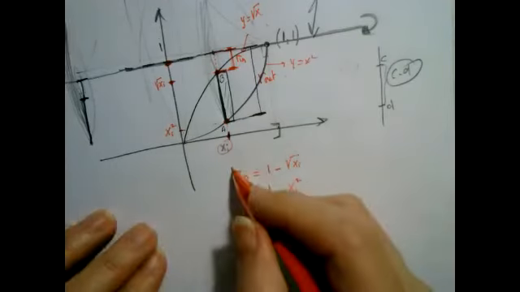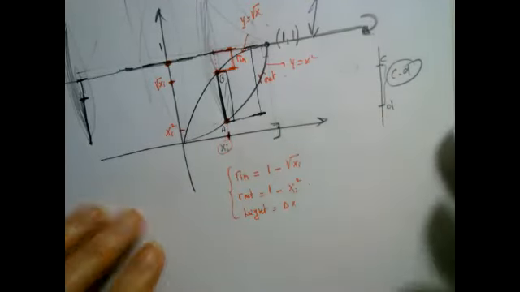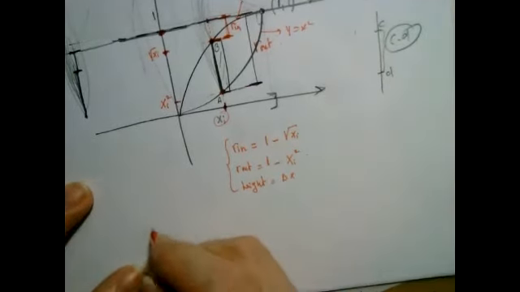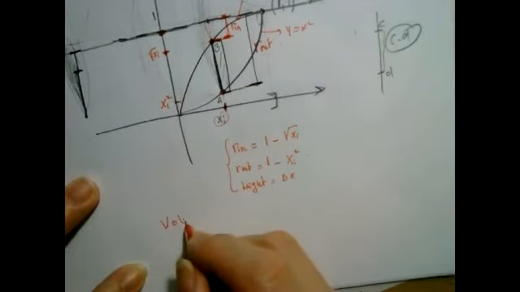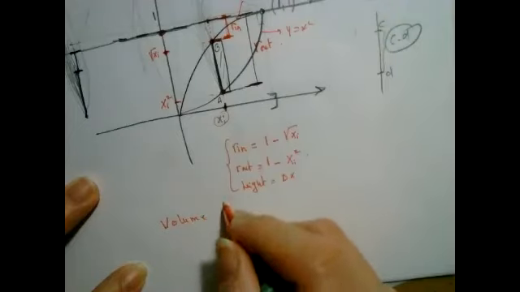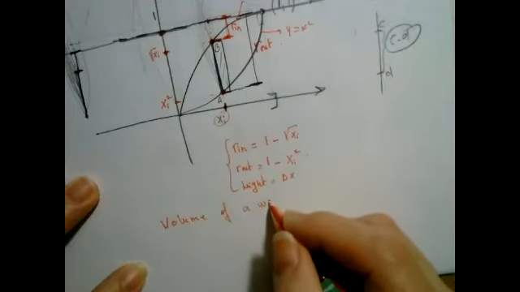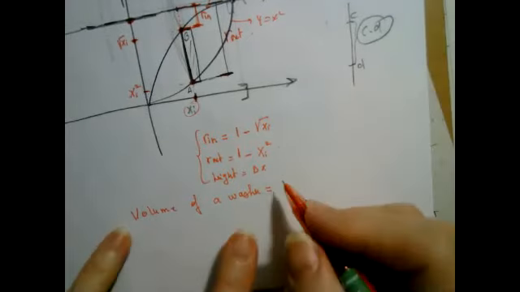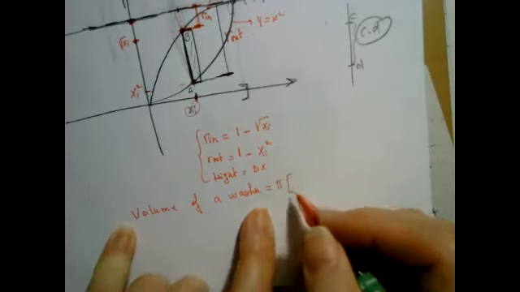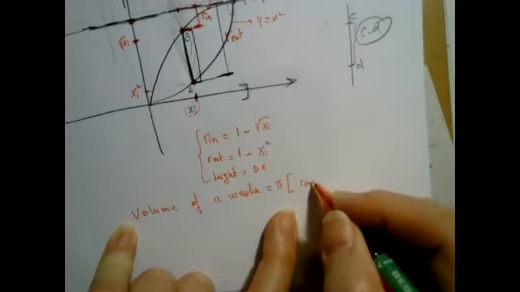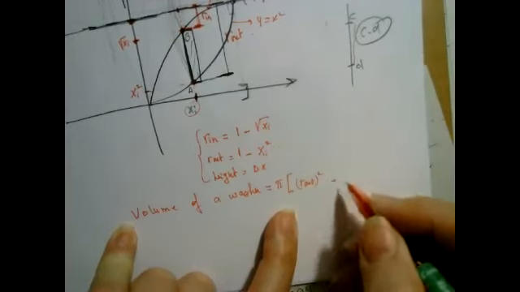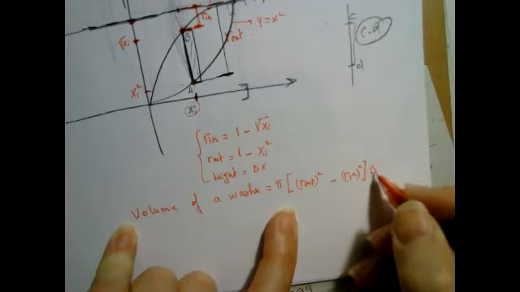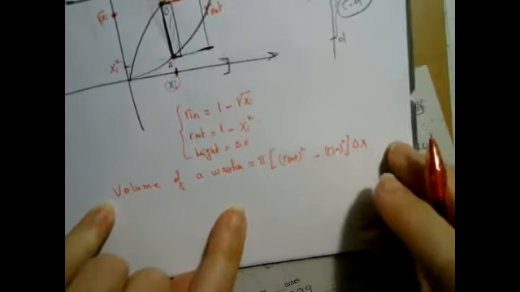Once you figured those 3 items, you are basically on your way. The problem becomes now simple. So the volume of a washer is going to be equal to pi times the outer radius squared minus the inner radius squared times the delta x.